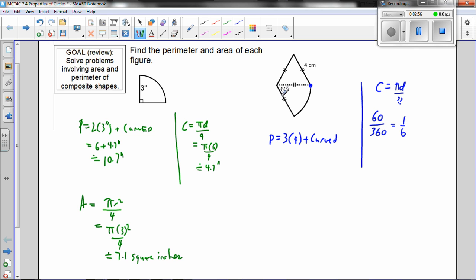So this is 1/6 of a circle. And maybe some of you knew to divide by 6, but the curved part here is just going to be 1/6 times pi d. Or notice I could divide by 6 in that one. That would be fine as well. And I'd have about 4.2 centimeters.